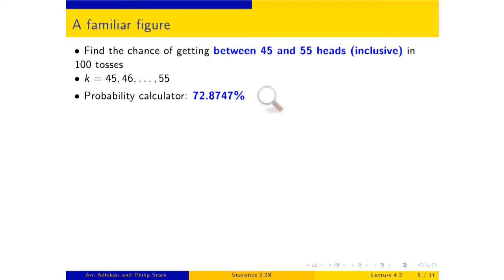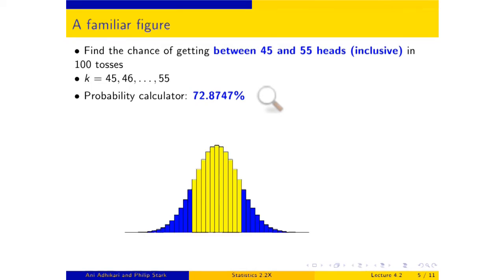And this is a picture that you have been looking at every single day that you have worked on Stat 2.2x. Do you recognize that? Yep, it's the course logo, and it is also the binomial histogram for n is 100 and p is a half.